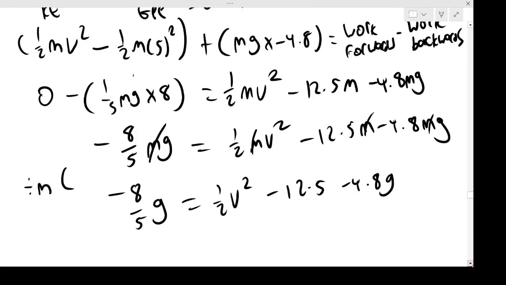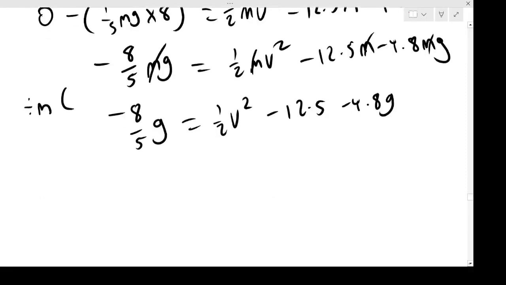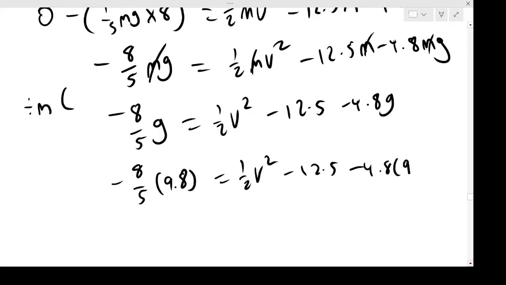Now let's bring in g as 9.8. Minus 8 over 5 of 9.8 equals a half v squared minus 12.5 minus 4.8 lots of 9.8.